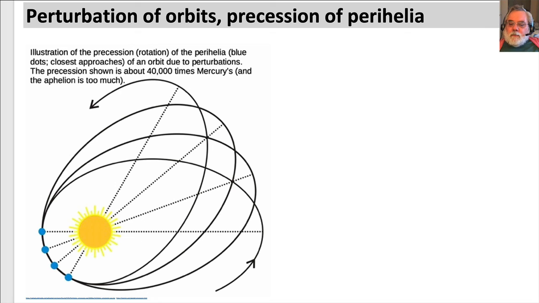It turns out that the anomalous precession is almost completely due to general relativity's curvature of space-time. Newton's 1/r² force law is not quite correct. When Einstein developed general relativity, he calculated the general relativity value for the anomalous precession of Mercury's perihelion, and it was correct.